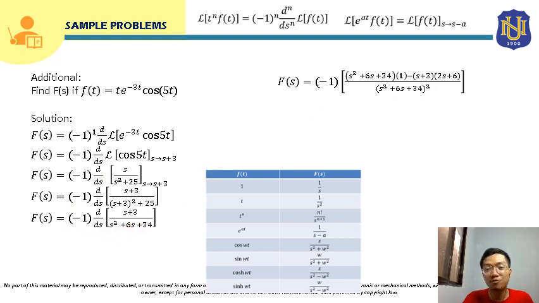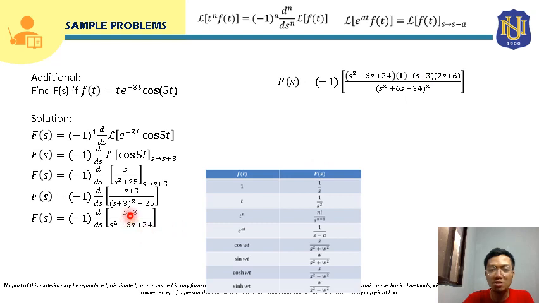So again, that is v du. Our v here is s squared plus 6s plus 34. And for du, the derivative of our u is 1, since the derivative of s is 1 and the derivative of 3 is 0. So the derivative of s plus 3 is just 1. So that will be 1 minus u dv.